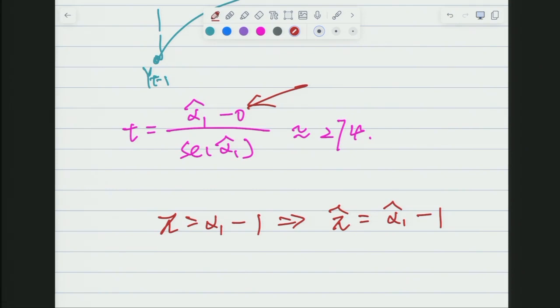Now, under the alternative, the time series is no longer stationary, but instead trend stationary. We still have alpha 1 less than 1 in absolute value, but there is a deterministic trend delta times t.